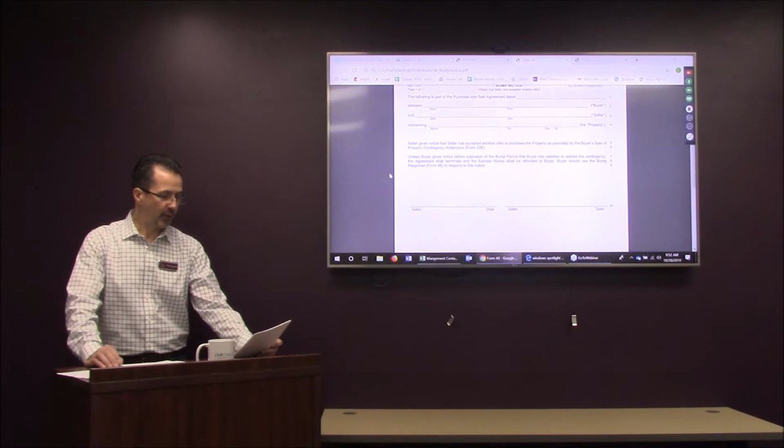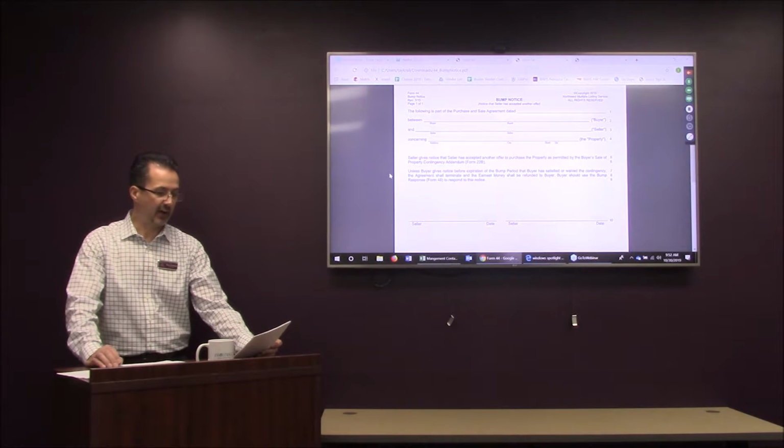On this form, seller gives notice that seller has accepted another offer to purchase the property as permitted by the buyer's sale of property contingency addendum form 22B. Unless buyer gives notice before expiration of the bump period that buyer has satisfied or waived the contingency, this agreement shall terminate and the earnest money shall be refunded to buyer. Buyer should use the bump response form 46 to respond to this notice.